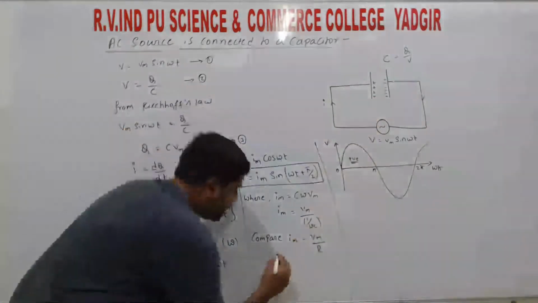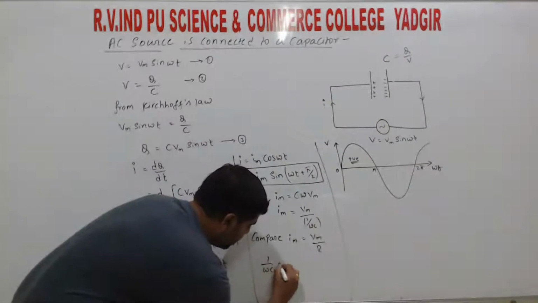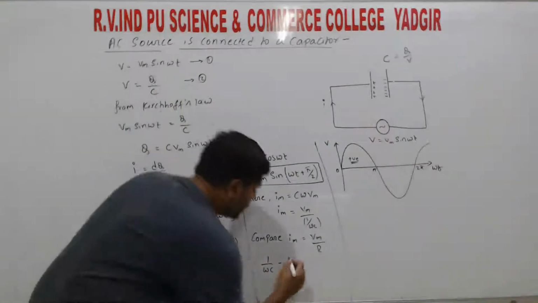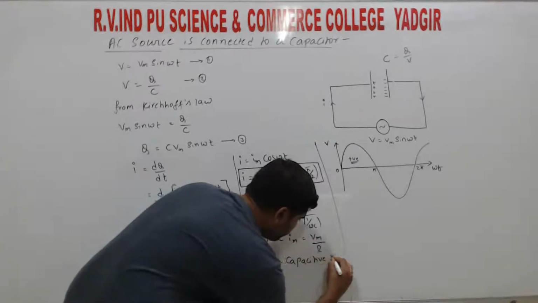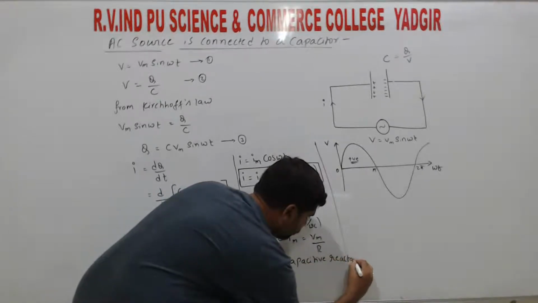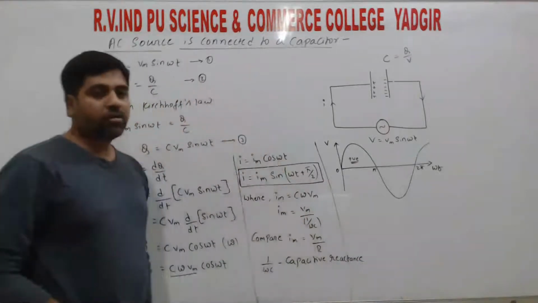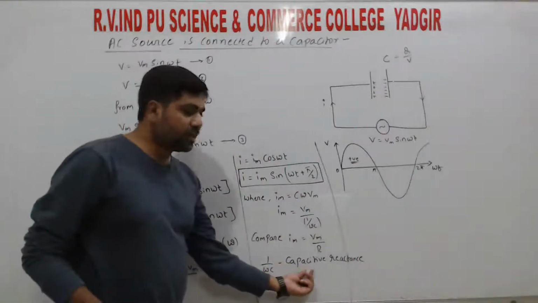This 1 by omega C is called the capacitive reactance, which is nothing but the resistance.